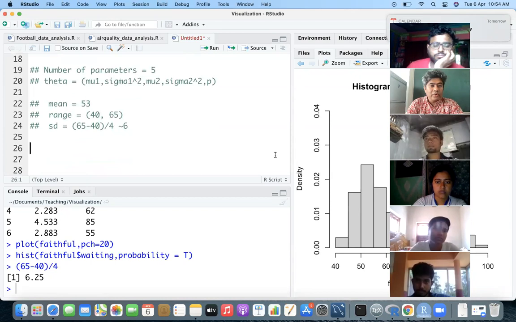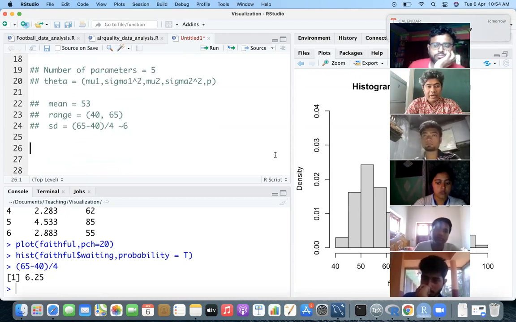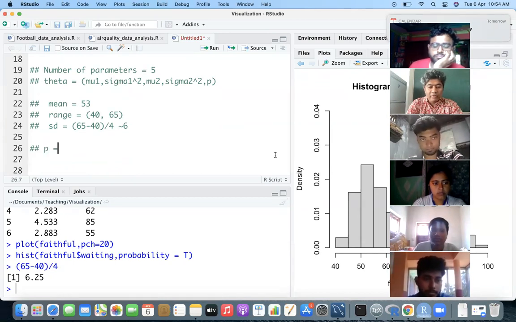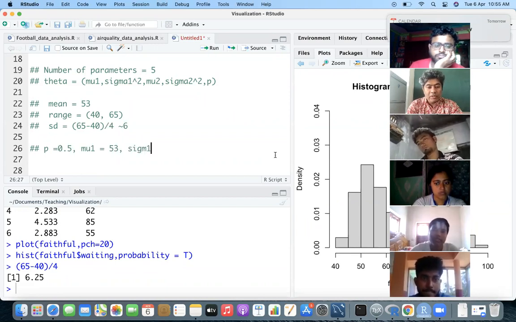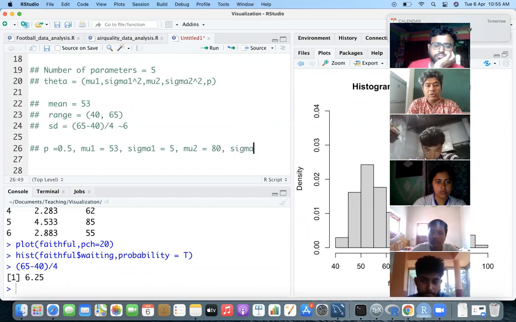Now let us take a model. Let's take p equal to 0.5, mu1 equal to say 52 or 53, sigma1 could be 5, mu2 could be near about 80, and sigma2 could be, let's take 5 just for fun.